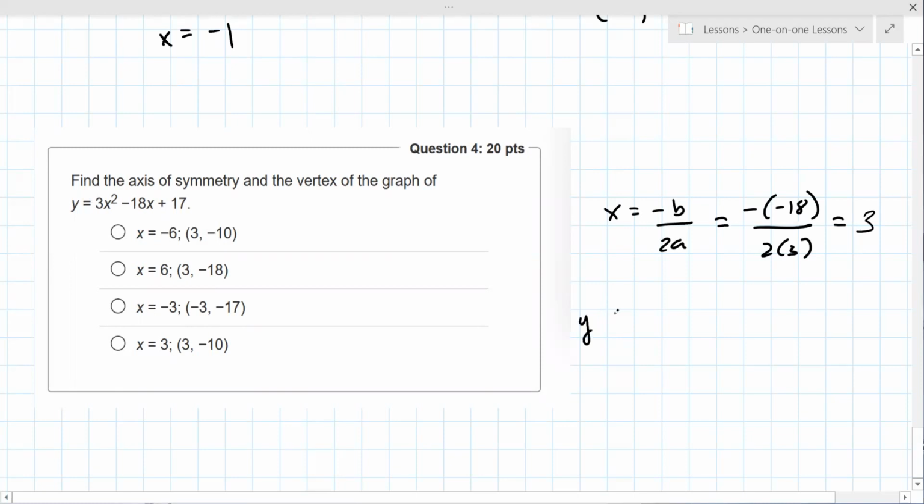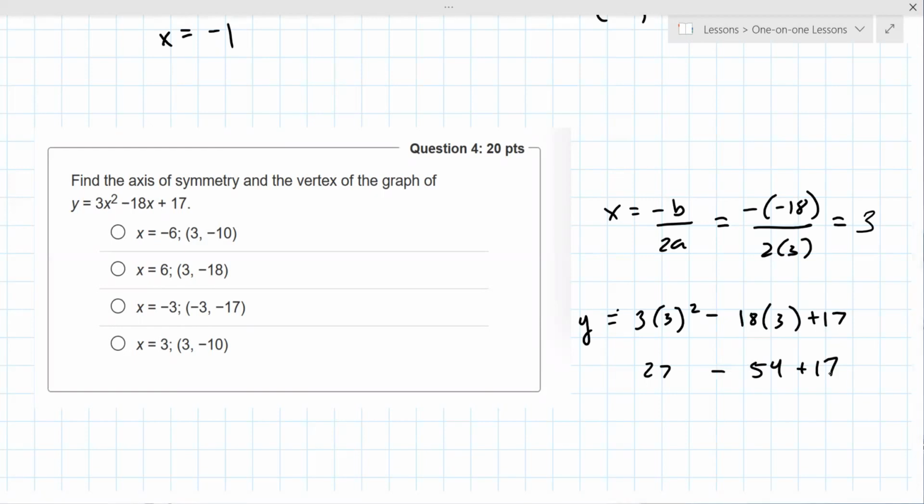And then your y coordinate. You get -10.